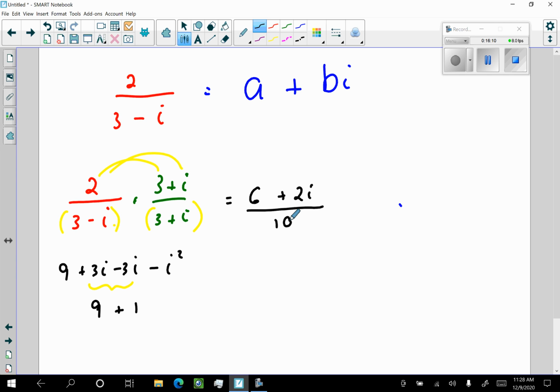And now, since I have a single term in the denominator, I can make this 6 over 10 plus 2 over 10i, and I'm going to reduce these fractions. The correct answer there will be 3/5 plus 1/5 i.